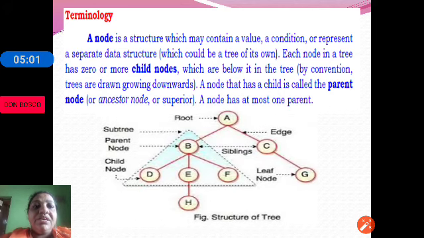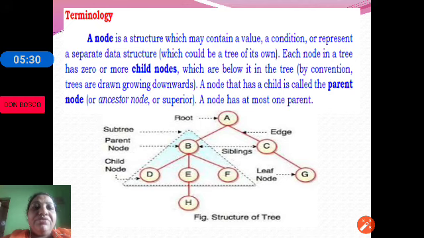As you can see, A is the root node, the starting node from where the tree starts, and below it are the child nodes. B and C are the child nodes of A. Likewise, D, E, F are the child nodes of B. So B is the parent node for D, E, F.